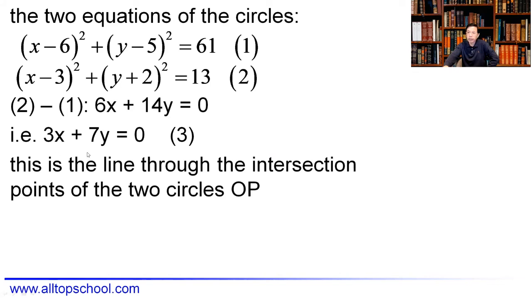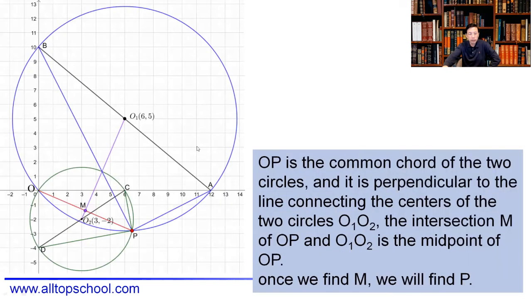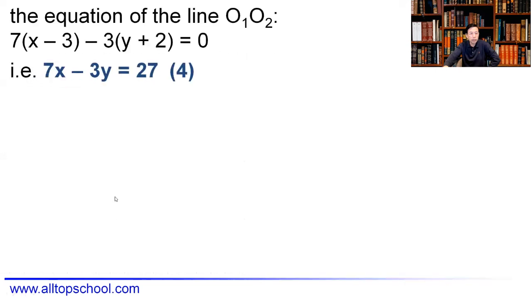The easy way to write the line perpendicular to the common chord OP is to write 7, -3 as the coefficients. Because it passes through the point 3, -2, we just directly write this form with 7, -3, and this will be the point the line passes through. So we quickly get the equation of O1, O2.